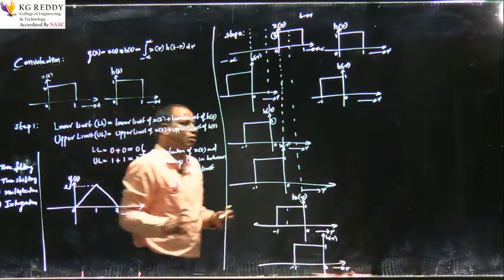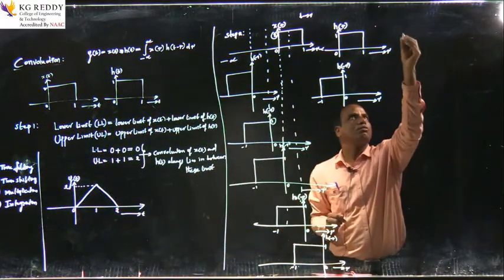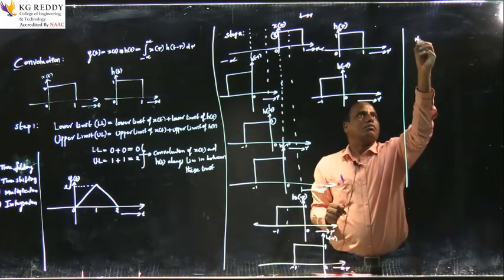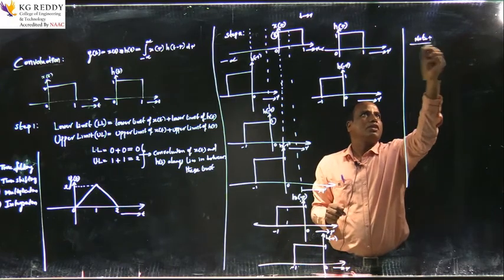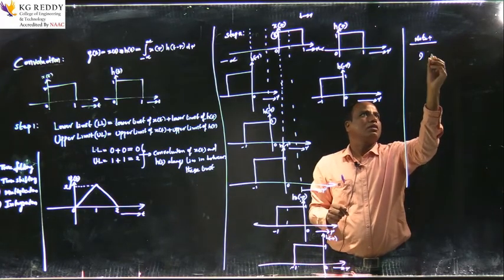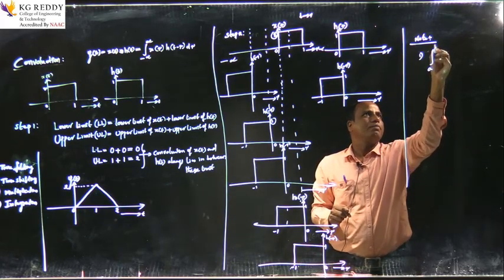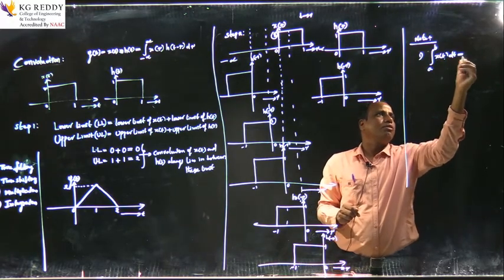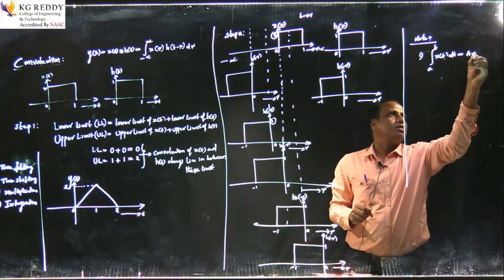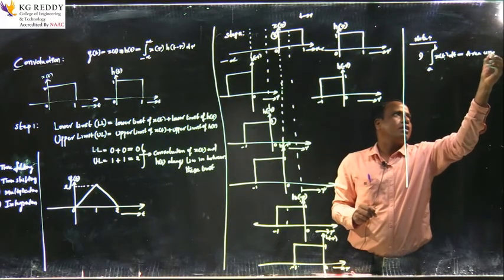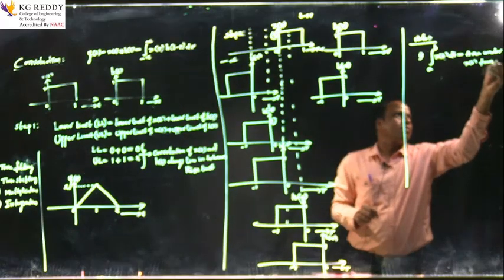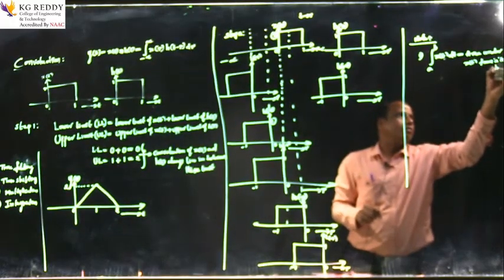You need to note down why I am trying to explain this. From general mathematics, the integration from a to b of x of t dt gives you the area under the curve, the area under x of t from a to b.